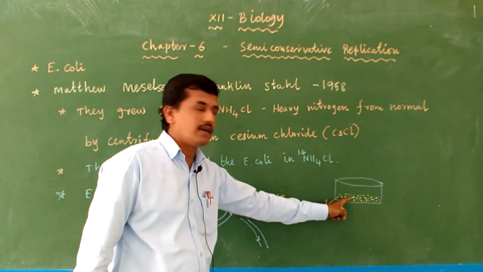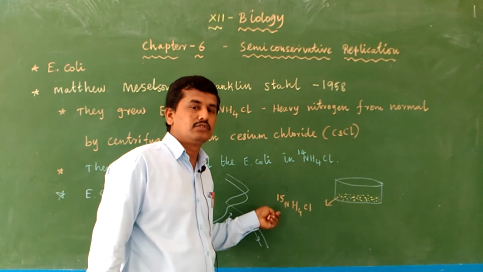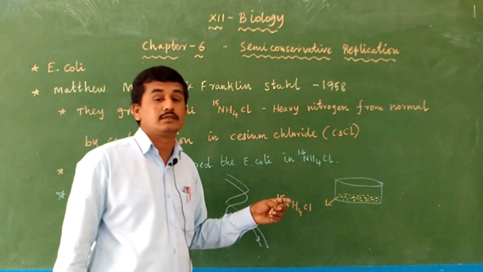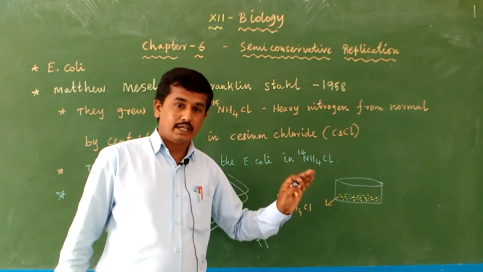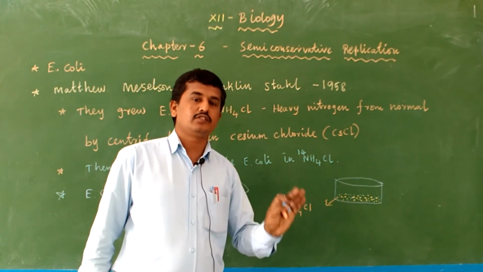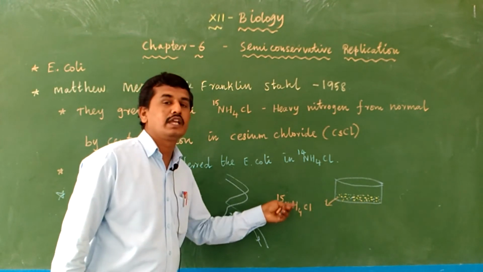So the DNA of the bacterium contains nitrogen 15 in its nitrogen bases.